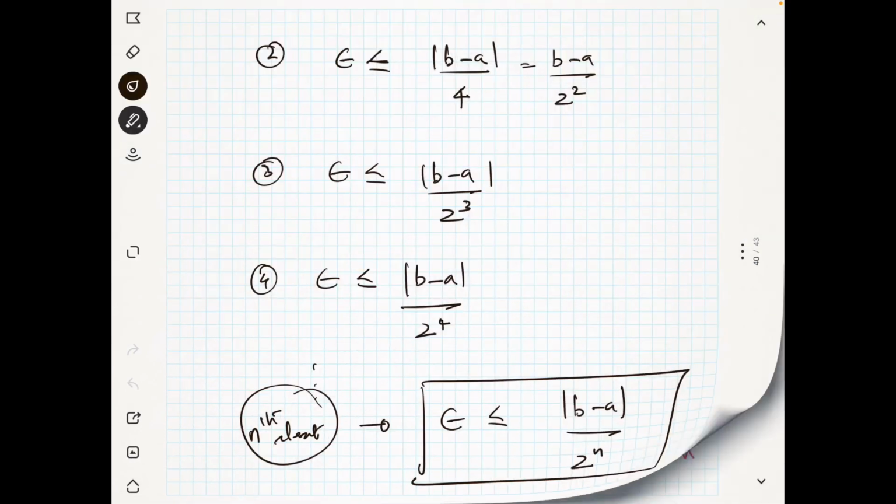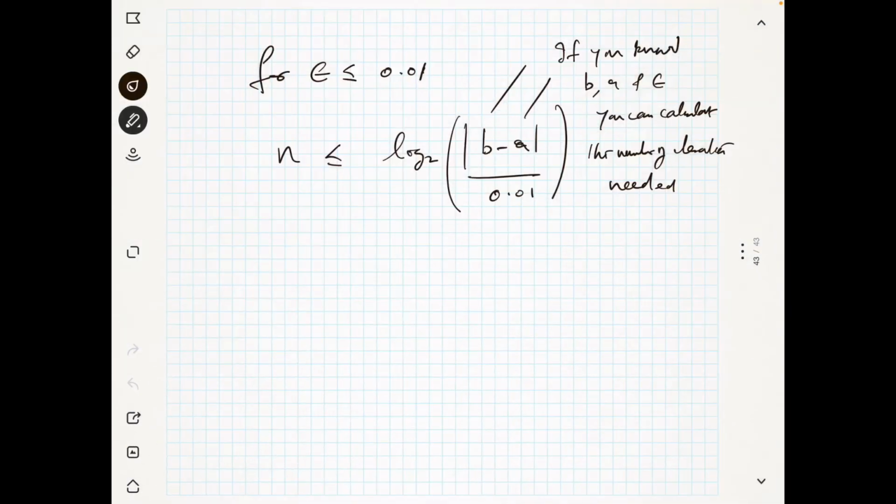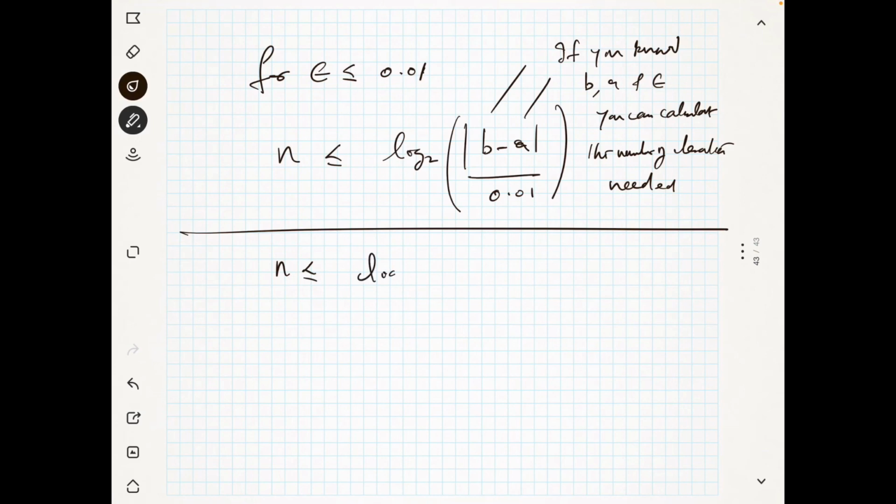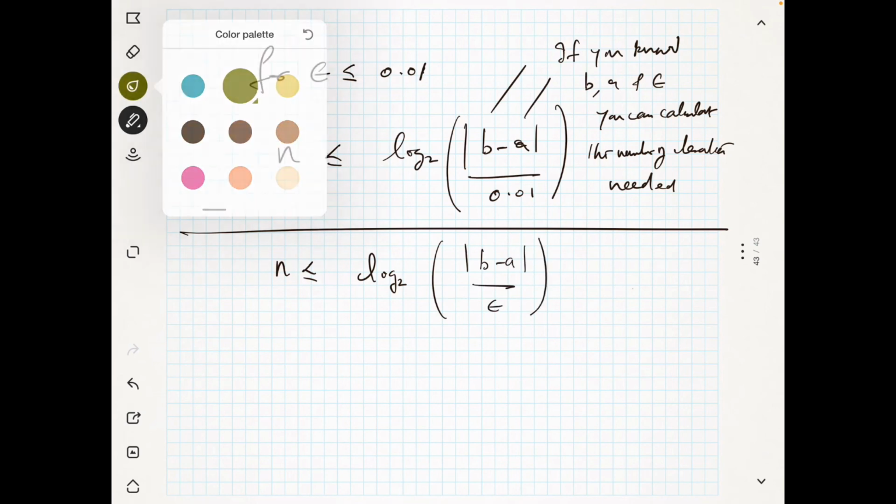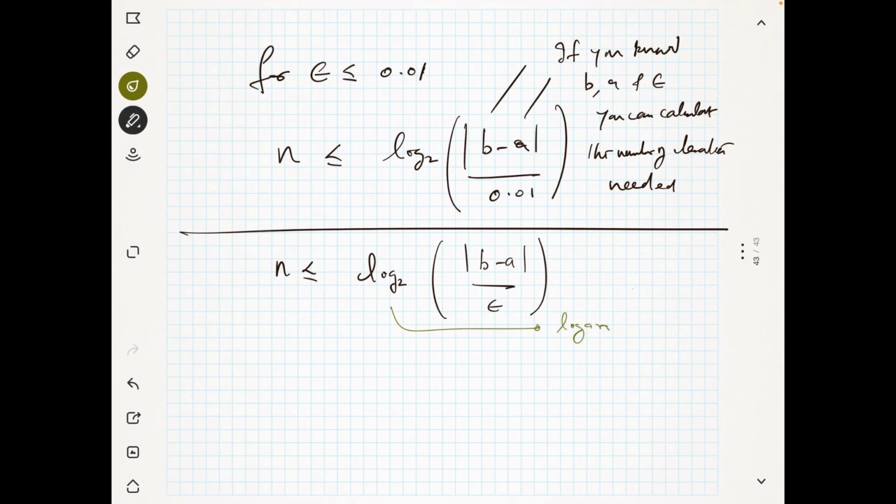So I can write this formula in another way also. Your n is less than or equal to log to the base 2 of b minus a divided by epsilon. This is the logarithm to base 2. If I need another one, n is less than or equal to logarithm of b minus a by epsilon divided by log of 2.